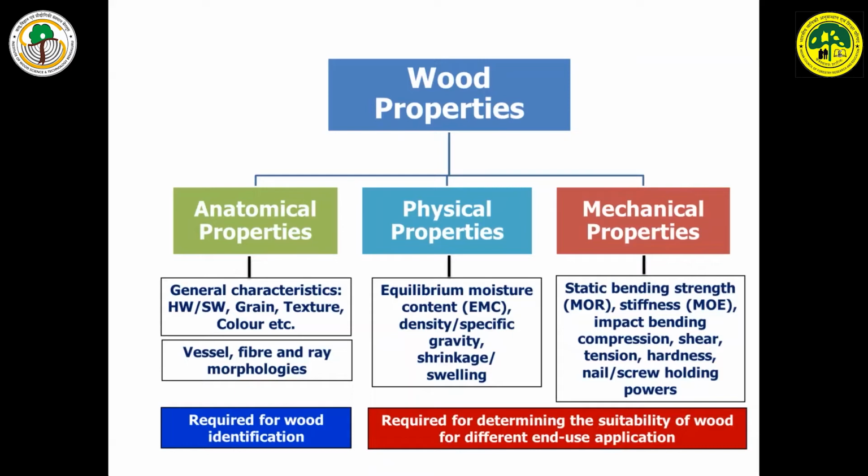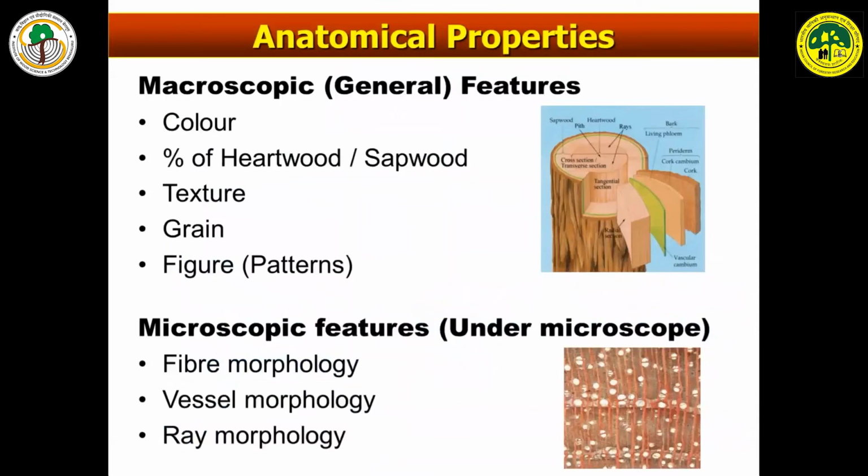There is a small list here: static bending strength, that is called modulus of rupture; stiffness, modulus of elasticity; impact bending; compression; shear; tension; hardness; nail holding and screw holding power. All these properties should be studied to find out what the wood can be used for in different applications.